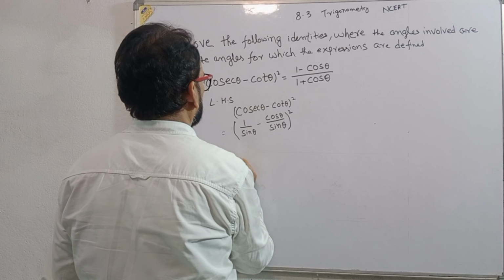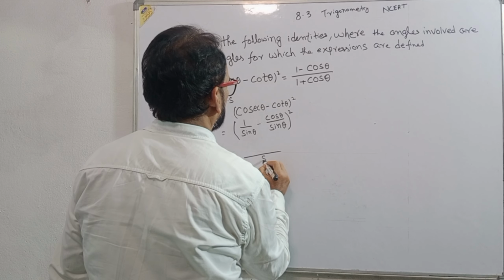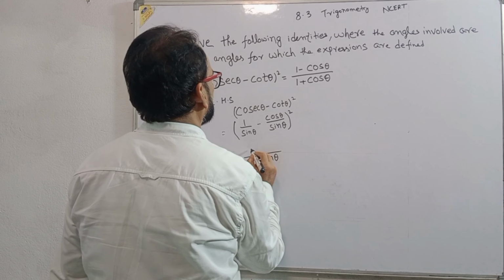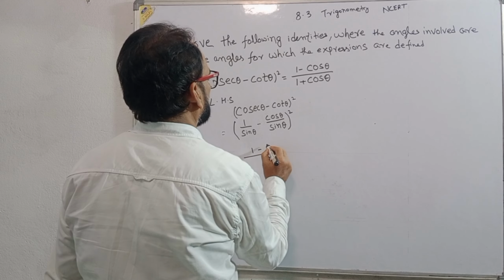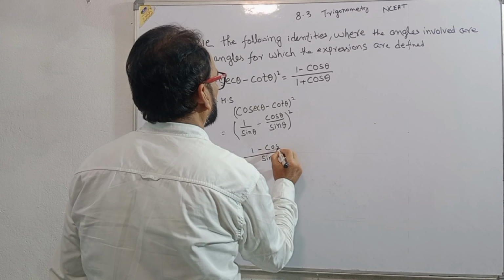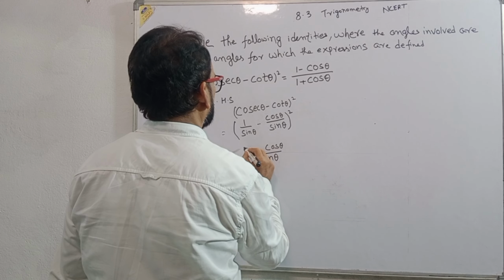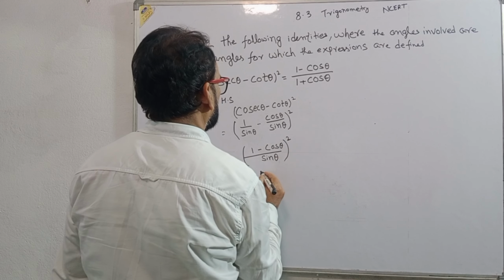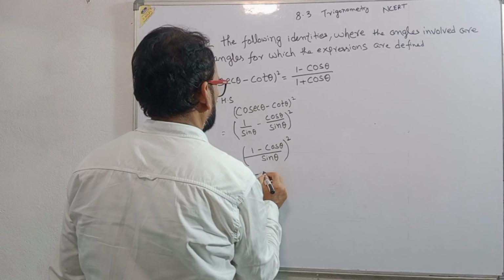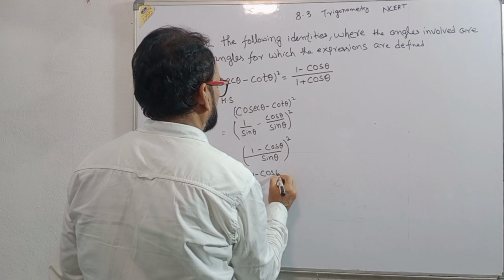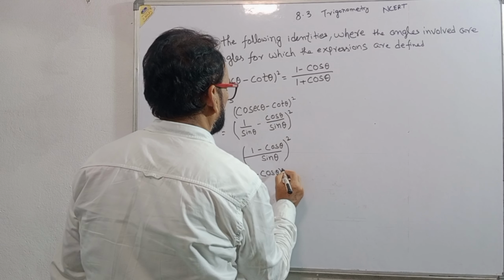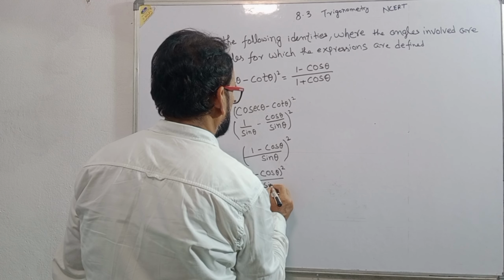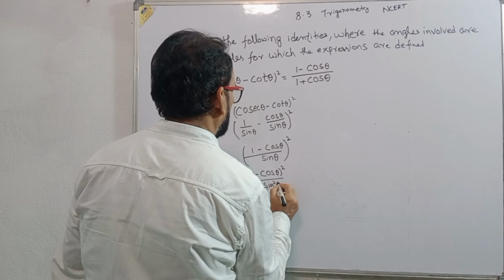We will take LCM sin theta. Here 1 minus cos theta, whole square, over sin square theta.